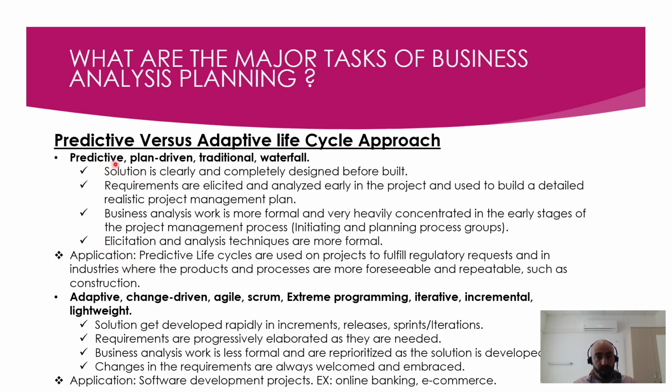In the predictive life cycle approach, the solution is clearly and completely designed before it is built. That happens at the beginning of the project. It's very formal. Requirements are elicited and analyzed early in the project and used to build a detailed, realistic project management plan. So everything is formal.